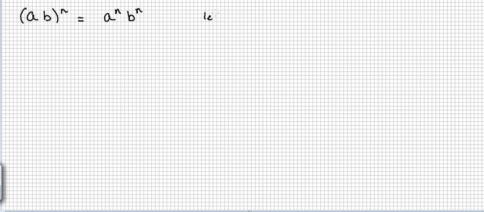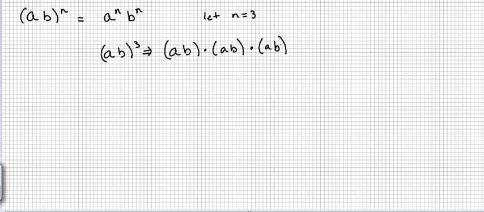So if we let n equal 3, we're going to have a times b to the 3. Now let's think about that. This is ab times ab times ab. Well, remember, multiplication's commutative, so what we can do is rearrange these.